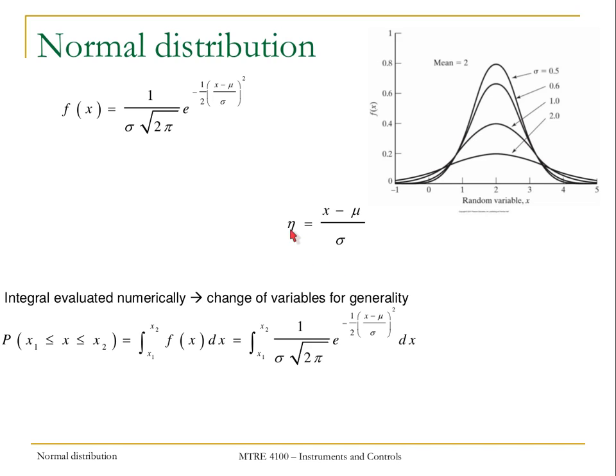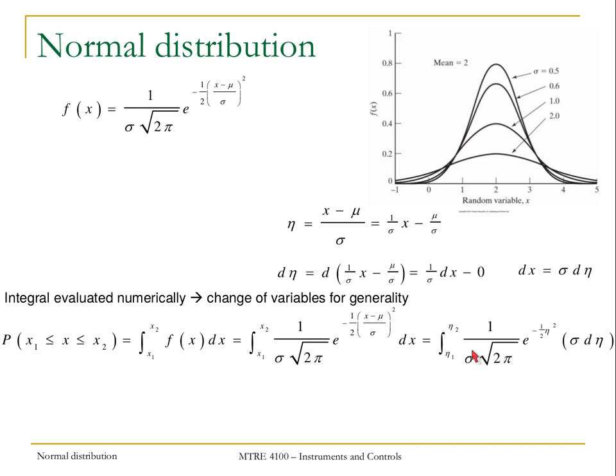The variable that we're introducing is called eta, and it's defined here by this quotient, which you can see in the function for the normal distribution. Just rearranging this, we want to be able to substitute eta into this expression, so we need to get x in terms of eta and dx in terms of d eta. So we have dx is sigma times d eta. And now we can rewrite this integral in terms of eta.